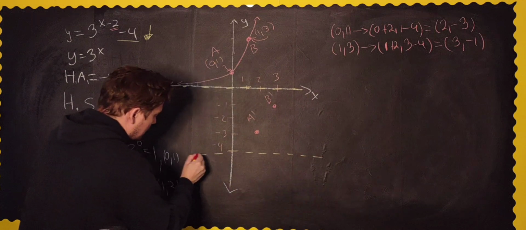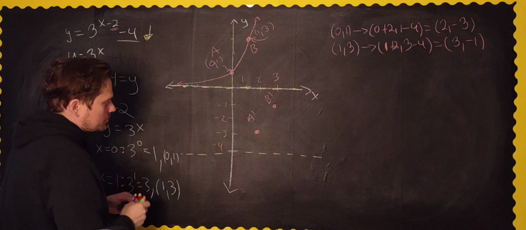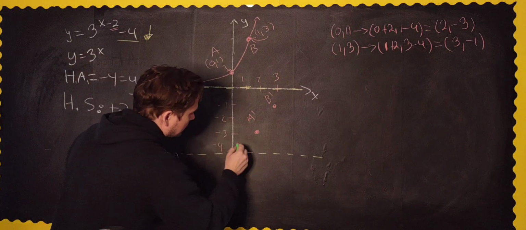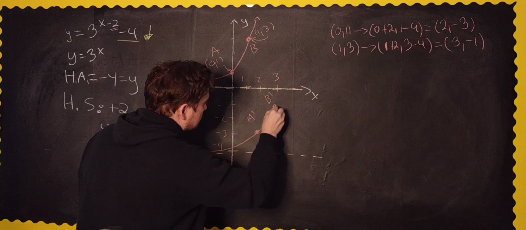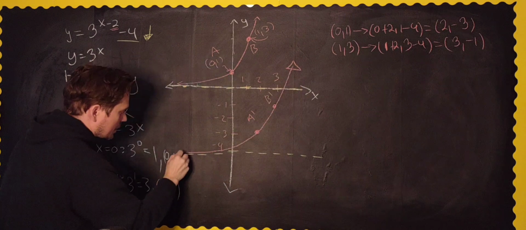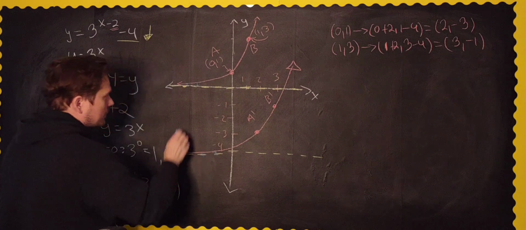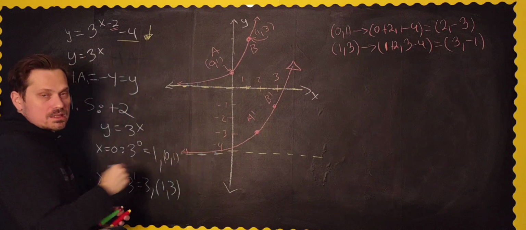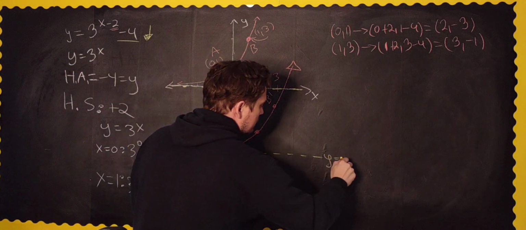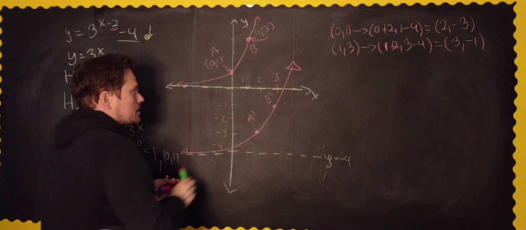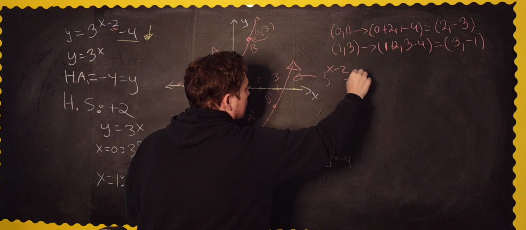And then the overall shape doesn't really change much, so you're going to go through these points and then go like this pretty much. And again, notice that the gap is still there. Whatever gap you have here, that gap is still present between the graph and the horizontal asymptote. So this is y is equal to negative 4. And now this graph right here, that's equal to 3 to the x minus 2 minus 4.